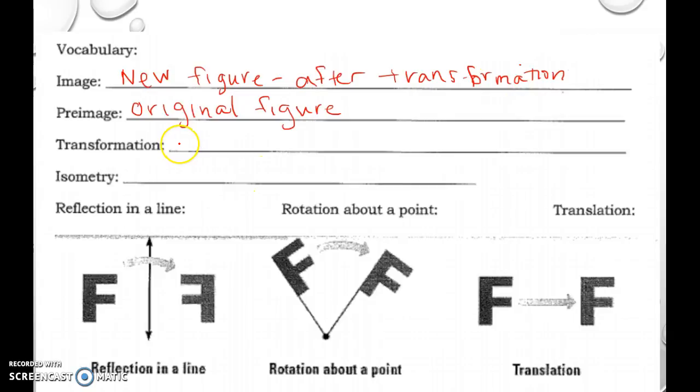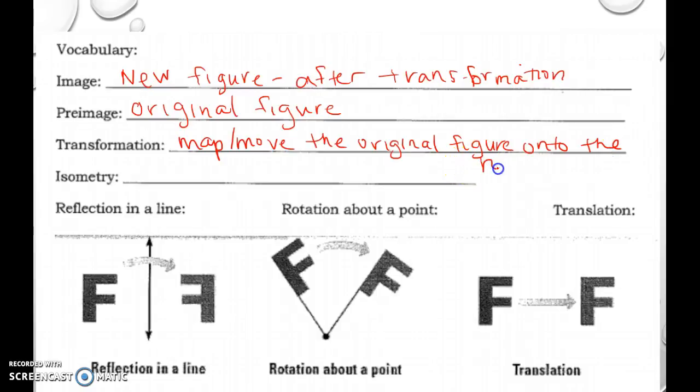Now the transformation is what's going to map or move the original figure onto the new figure.